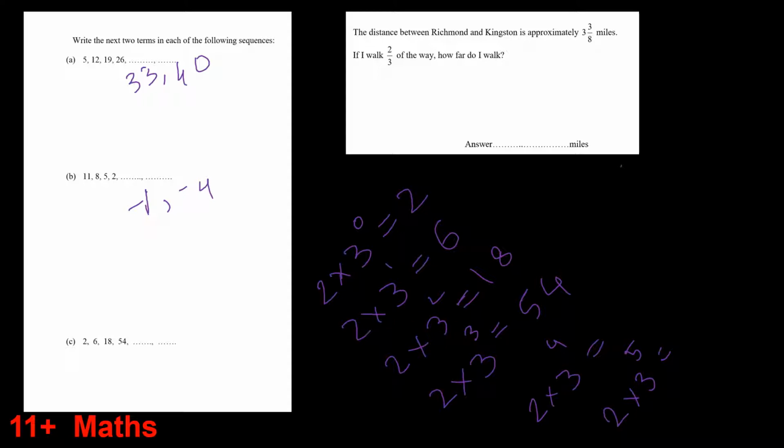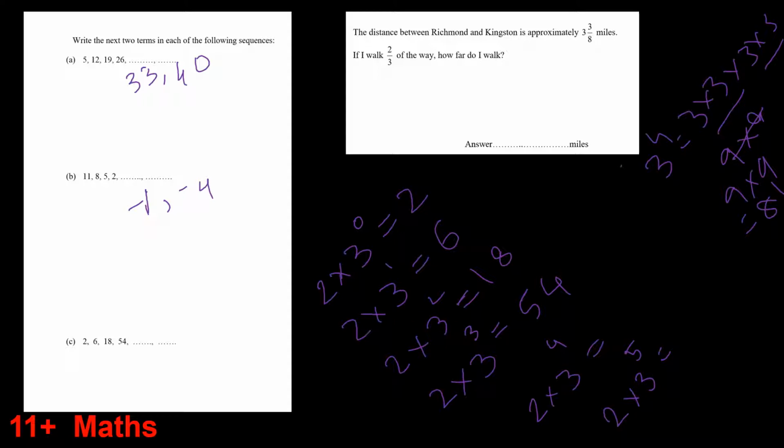So 3 to the power 4 is 3 times 3 times 3 times 3. 3 times 3 is 9, 9 times 9 is 81. So 3 to the power 4 is 81. Is that correct?